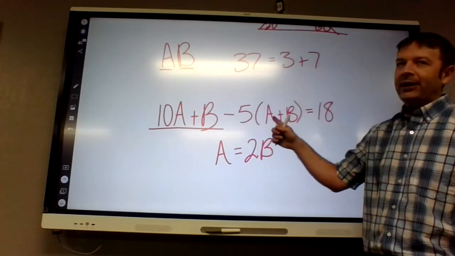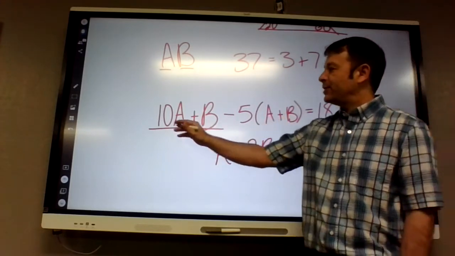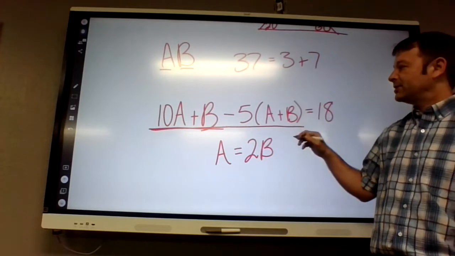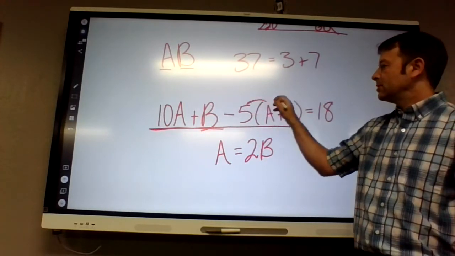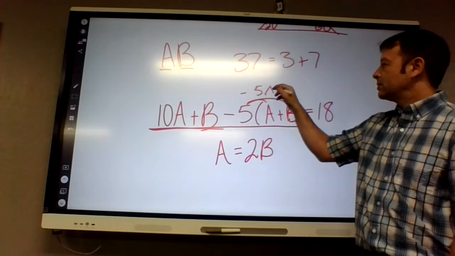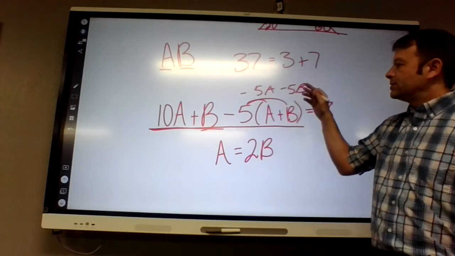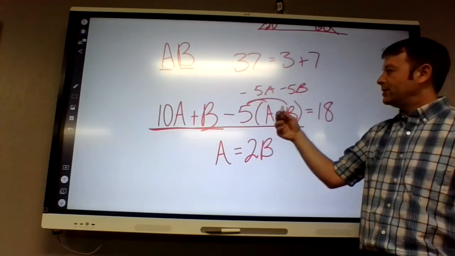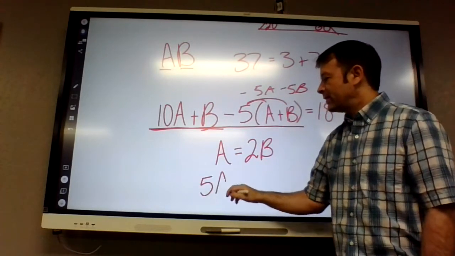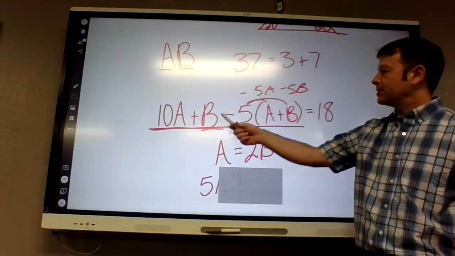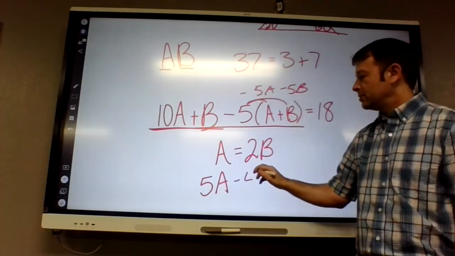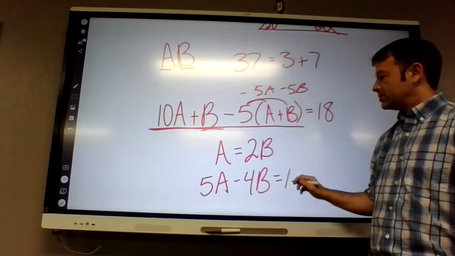We could do that now, but it'll probably be easier if we clean this mess up first. How could I clean this up? I have 10A minus 5A, so that's 5A, and I also have B minus 5B, equals 18.